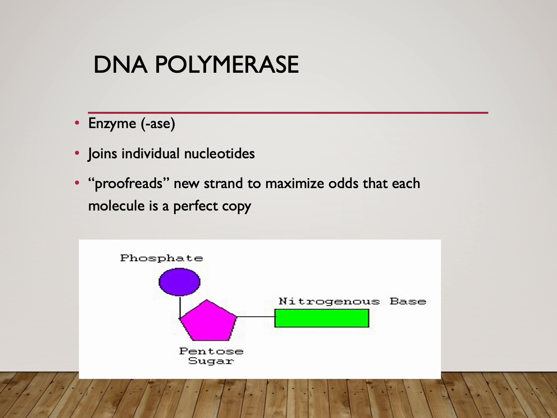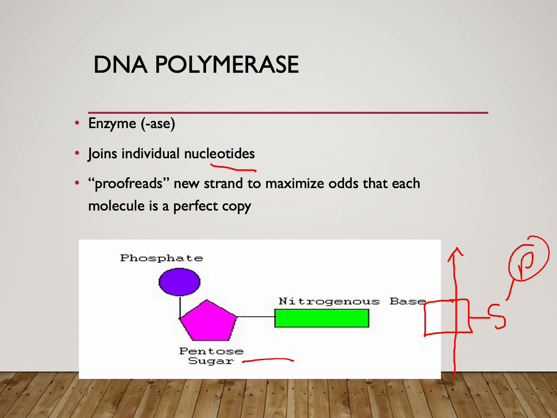This is your DNA polymerase. It's another enzyme. It's going to put a new nucleotide on the other side. If you look at this nucleotide that's represented, we've got your nitrogen base, your sugar, and then your phosphate. It's building that new strand on the DNA.